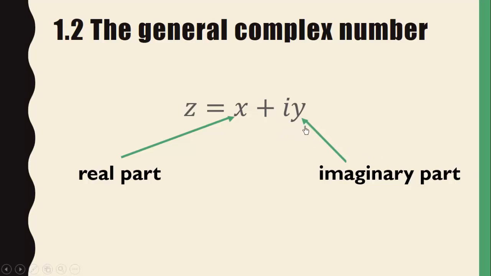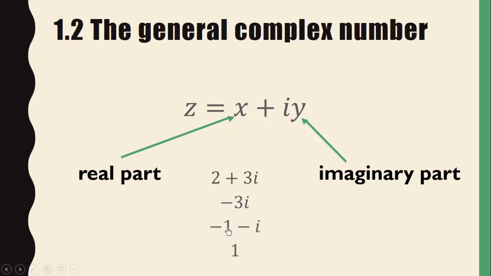The y is called the imaginary part. For example, 2 plus 3i is a complex number, and -3i is a complex number. So this has a real part of 2 and an imaginary part of 3. And this has only an imaginary part of -3i.